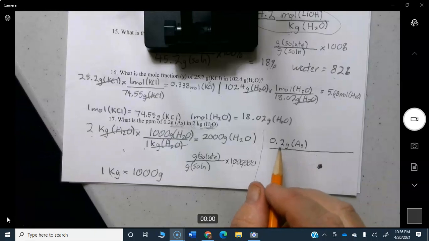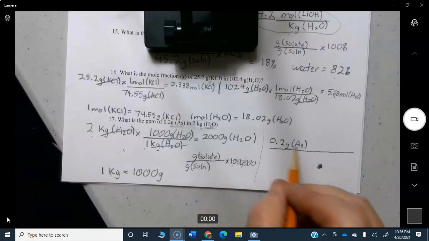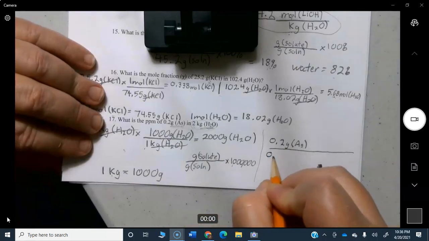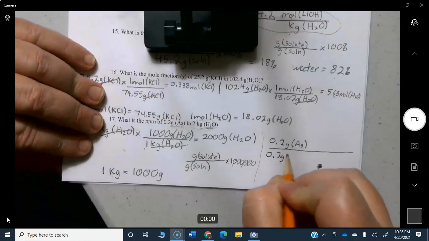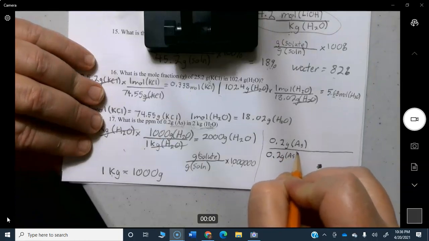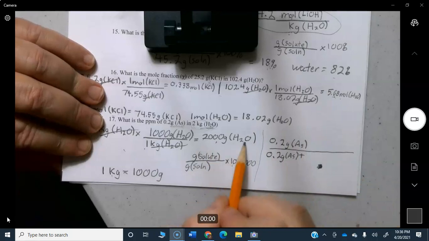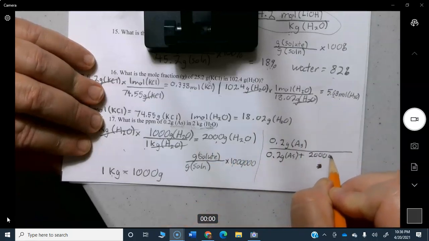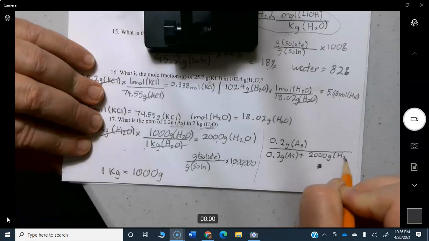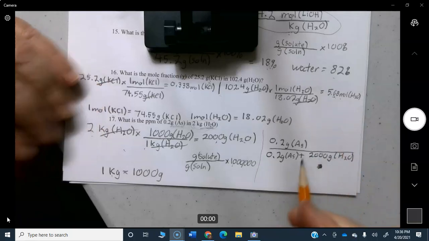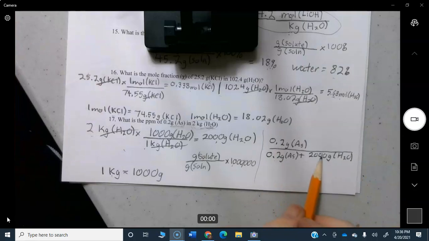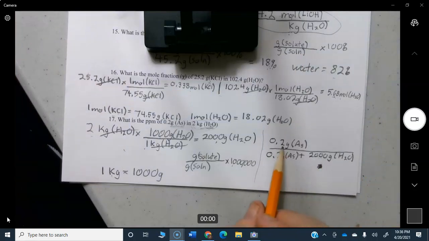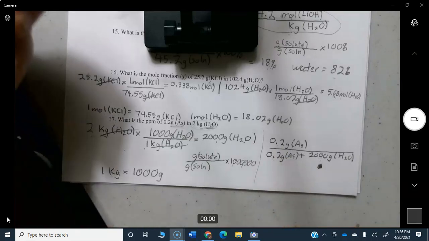Then the solution is the solute plus the solvent. So I take 0.02 plus 2,000, so I divide 0.02 up here by 2,000.02. That's really what's going to be at the bottom. Let's see what that comes out to be.